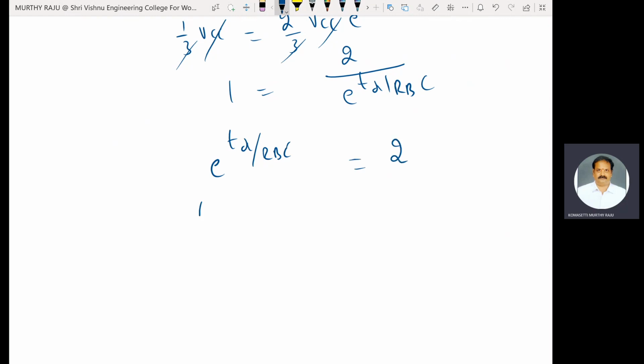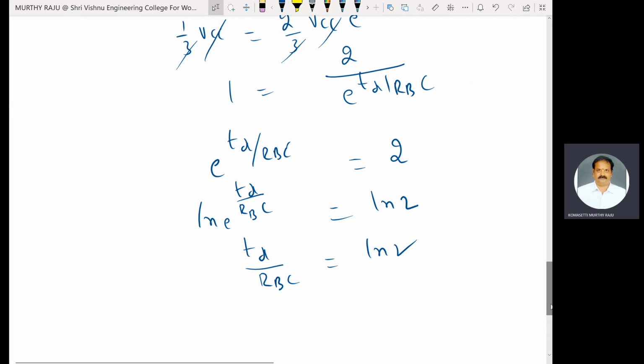Apply the natural logarithm here. ln e power TD by RB into C is equal to ln 2. Therefore, TD by RB into C is equal to ln 2.